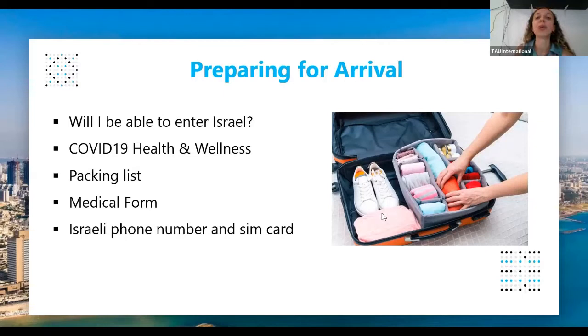And you need to maintain social distance, which means you need to be at a distance of 2 meters from any person who's not living with you or with your family, that you're not meeting every day. So you need to maintain social distance, masks, and of course hygiene. We have gels for your hands and for sanitizing at all places, and everyone washes their hands a lot these days.